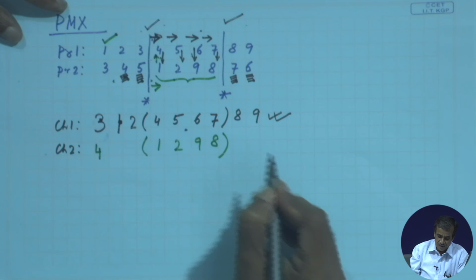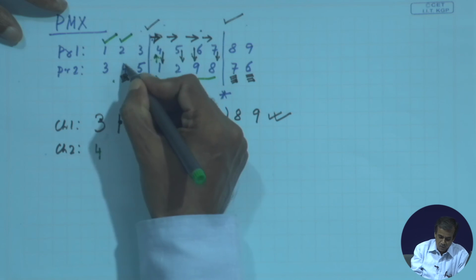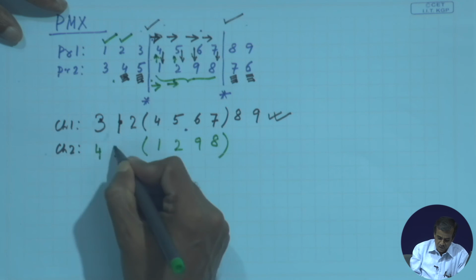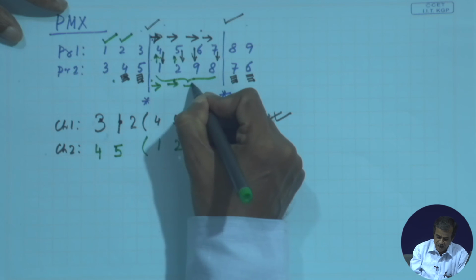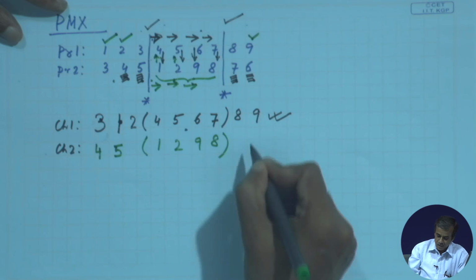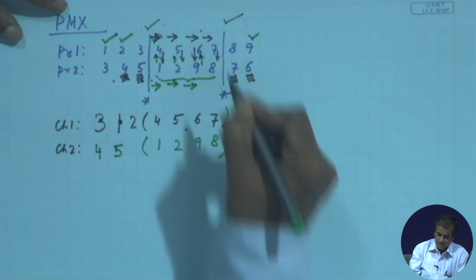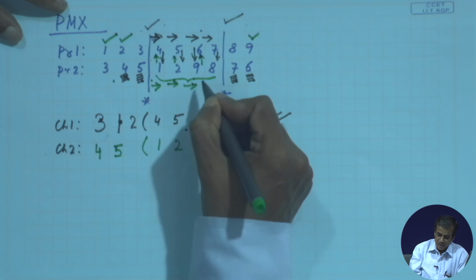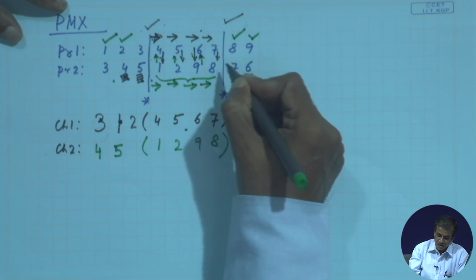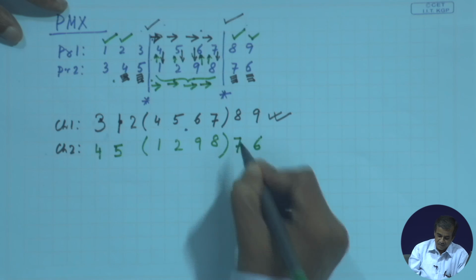Next is 2. So, this is the location of 2, book the location and you put 5 here. Next is 9. So, this is the location of 9 and here you put 6. Next is 8. This is the location of 8 and 8 corresponds to 7 here. So, you put 7 here.